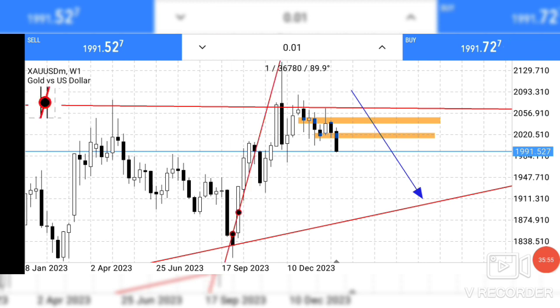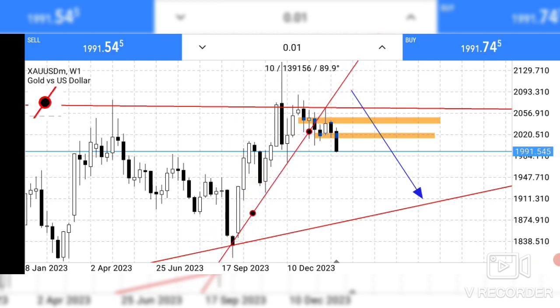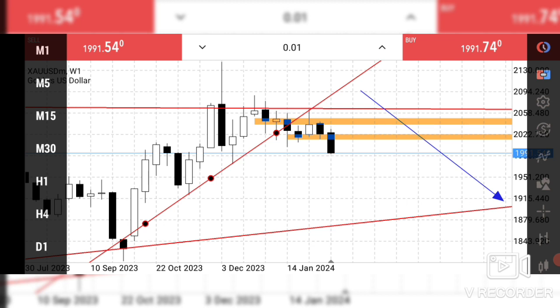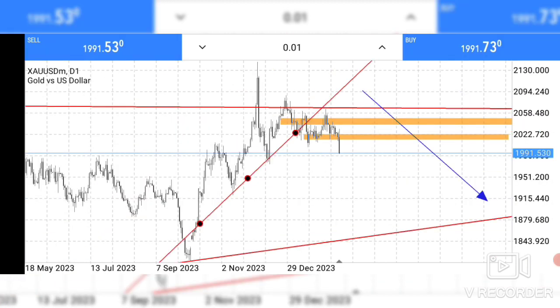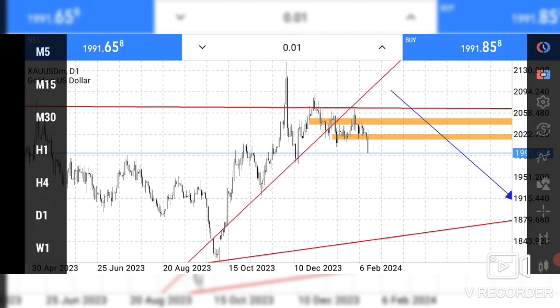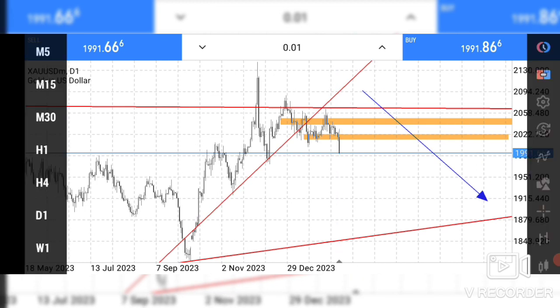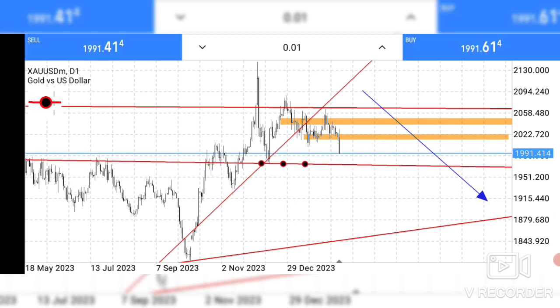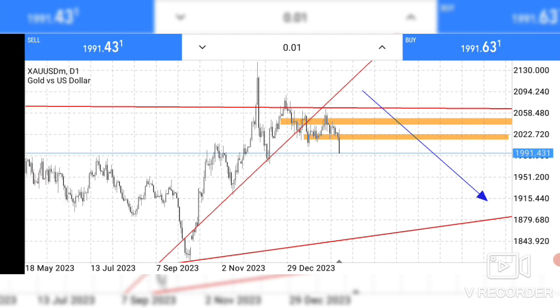You see, we also have an internal trend line. You just need 2 points to get a trend line, right, and then the price just broke it and retested it in the week, and it's pushing down. Okay, so we have the daily. Clearly, you see that it is changing from the uptrend to the downtrend somehow, but all we need is for price to take out this turning point.